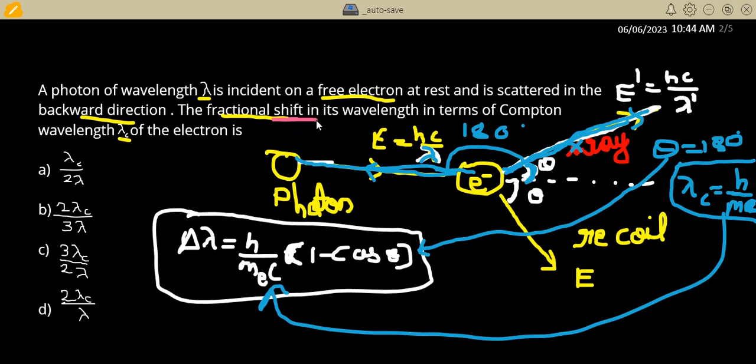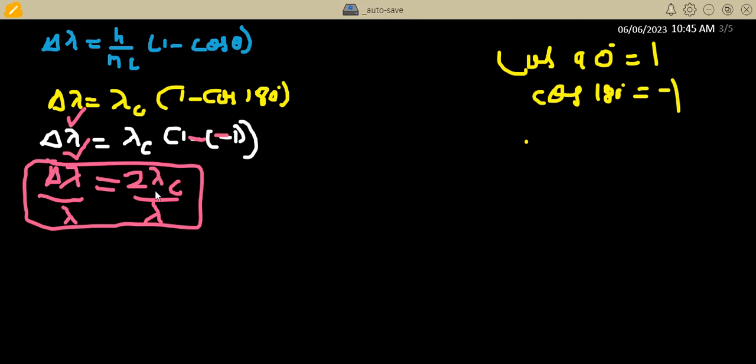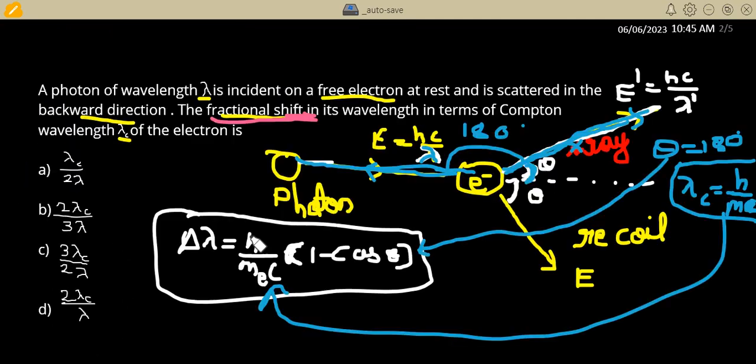But here they asked for the fractional shift. So I am going to divide by lambda on both sides. This is the shift in wavelength, and this is the fractional shift, which I am drawing in the box. 2 lambda c by lambda is going to be the answer for this question.